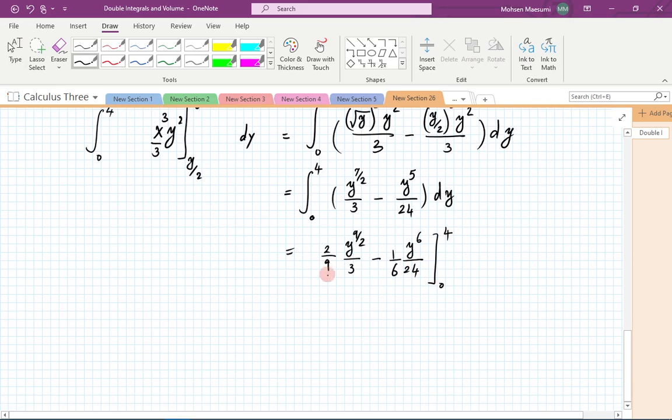Now we have to put in the limits, so this becomes 2 over 27 times 4 to the power of 9 halves, minus 1 over 144 times 4 to the power of 6. Okay, that is the answer.